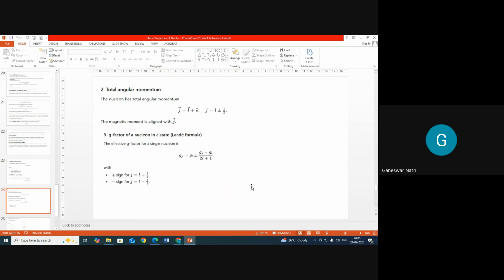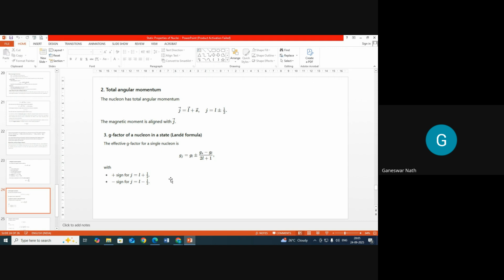Now the total angular momentum is J = L + S, and J = L plus or minus half, and the magnetic moment is aligned with the total angular momentum. The effective g factor for a single nucleon, from the Landé formula, is gj = gl ± (gs - gl)/(2l + 1).